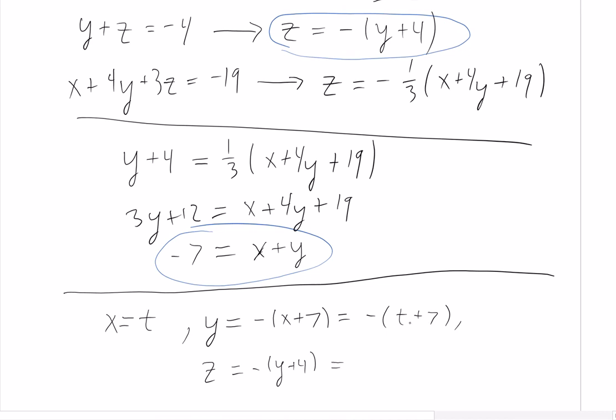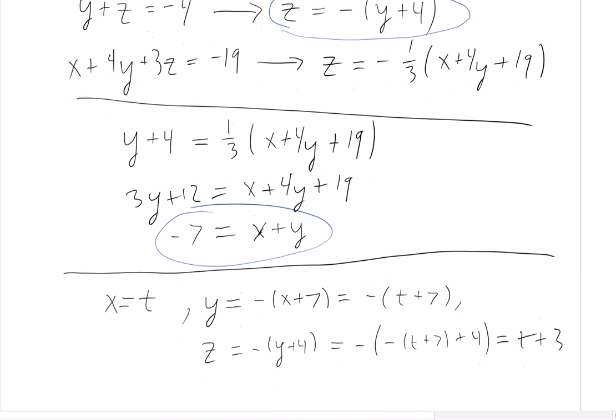And we have y right here, so it's this whole thing plus 4, and then the negative of that. So negative, and then substitute this expression in for y, plus 4. And if you sort of cancel the minus signs and get rid of the parentheses and simplify this, this just comes out to t plus 3.